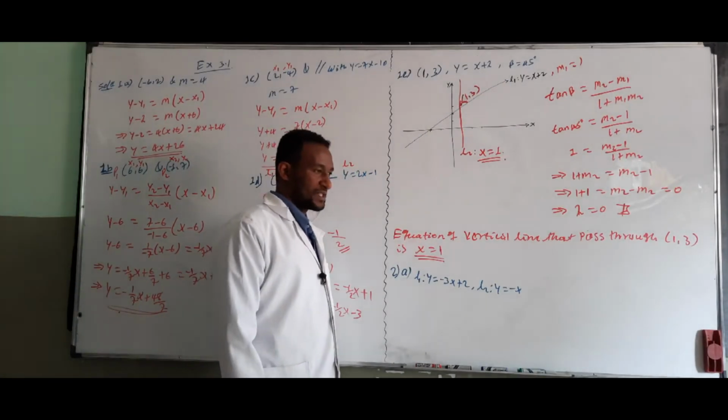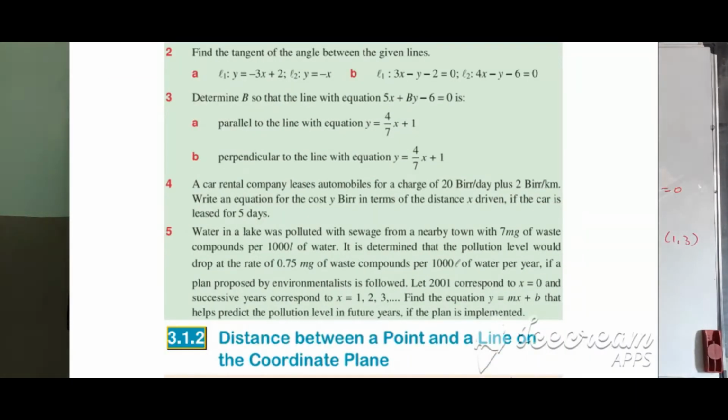Question number 2 says to find the tangent of the angle between line 1 and line 2. Then we have to find tan of beta. We get tan of beta is equal to, in L1, m1, when we see the equation of line 1, negative 3 is the slope of L1, and the slope of L2 or line 2 is negative 1.